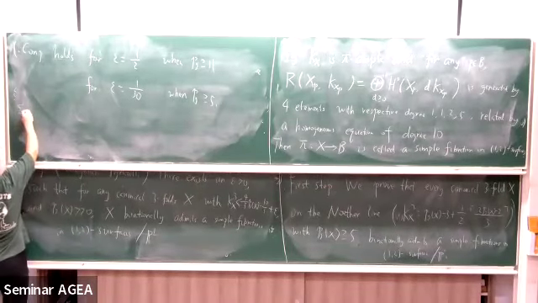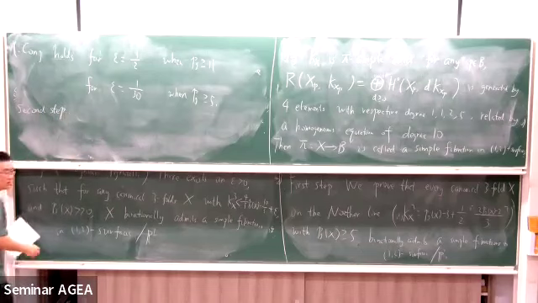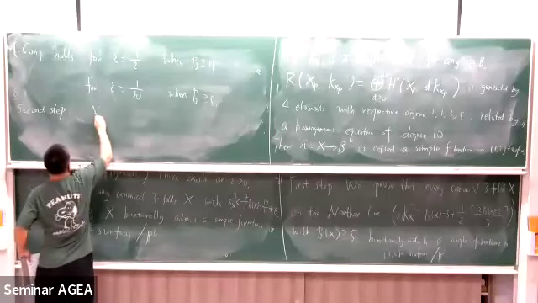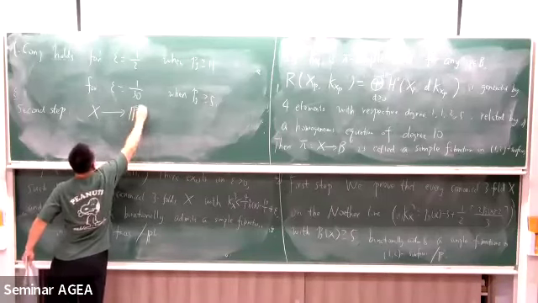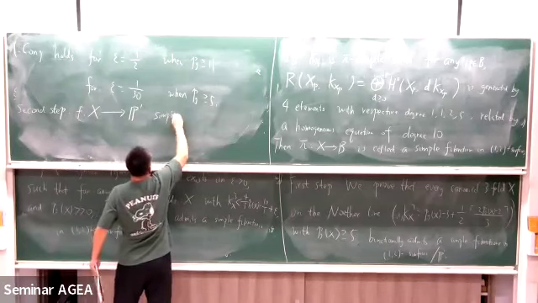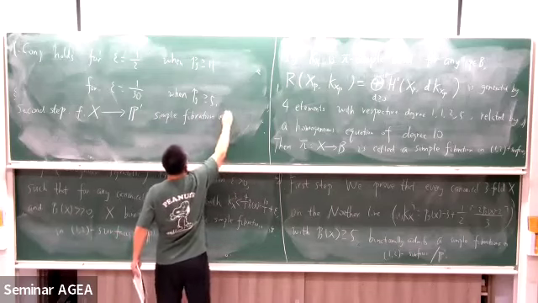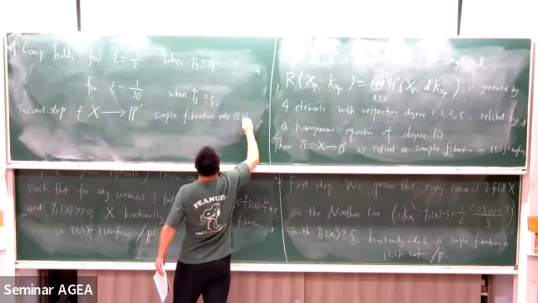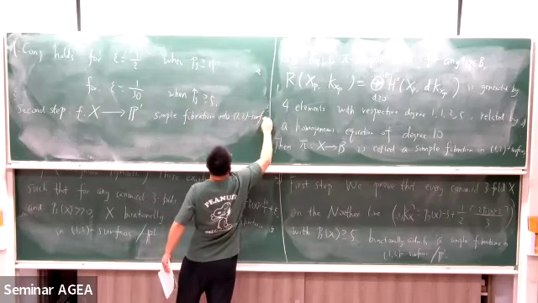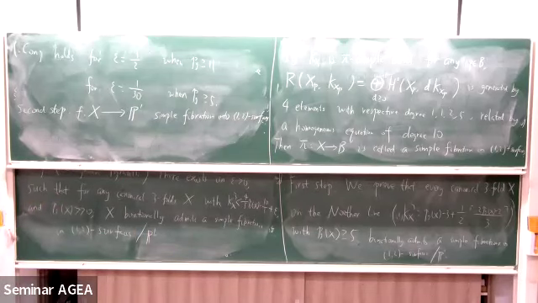Okay, then our second step, we study these fibrations. So now we assume that we have a simple fibration onto P1. So we know that every fiber can be embedded into P(1,1,2,5).